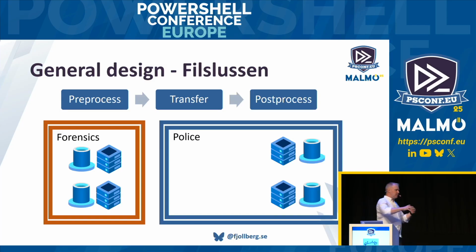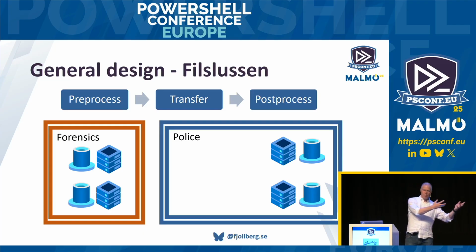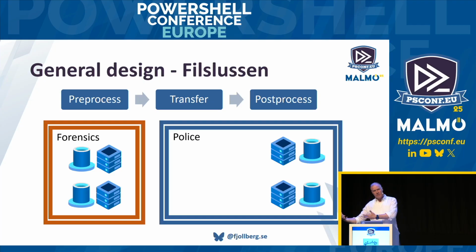With this in place, we figure that we're going to have some kind of general process. It's simplified here, but we have to do some sort of pre-processing before we do the actual transfer. Then package it in some way, ship it, unpack it, and possibly do something else, like inject it into a system.